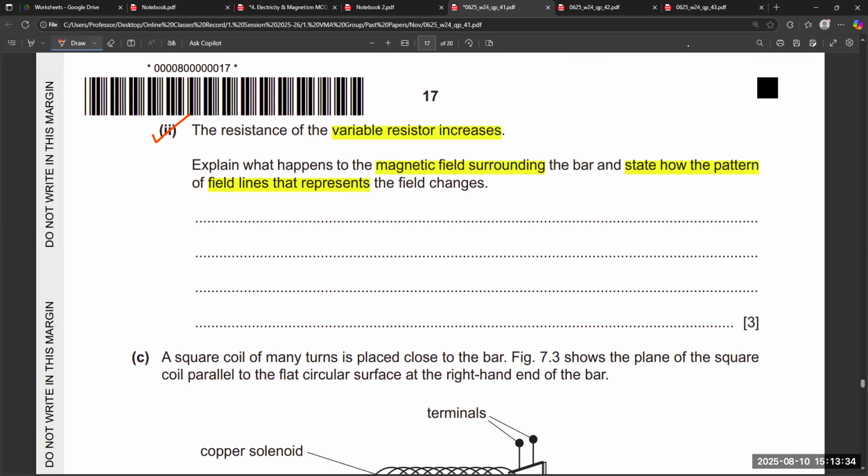If we increase the resistance, definitely the value of current decreases. So first of all, current in the coil decreases.